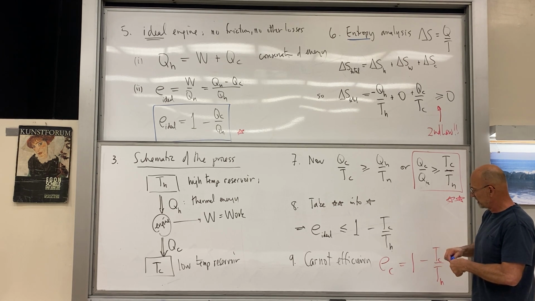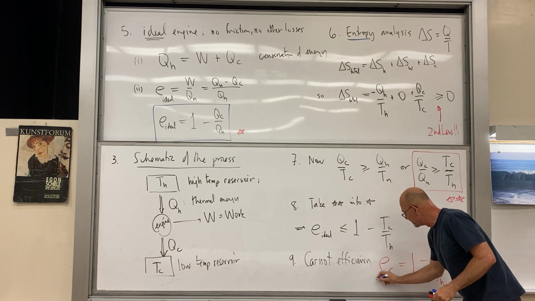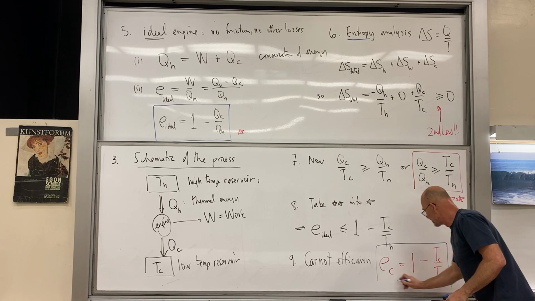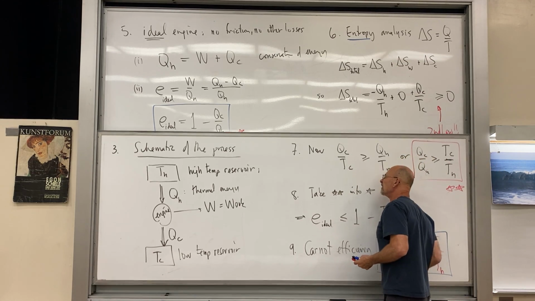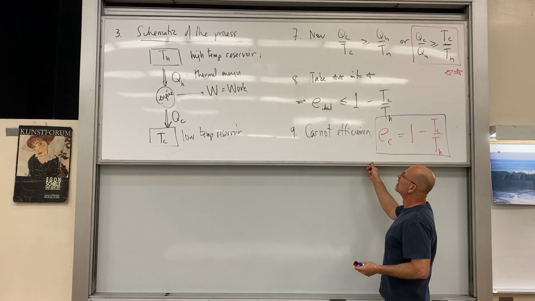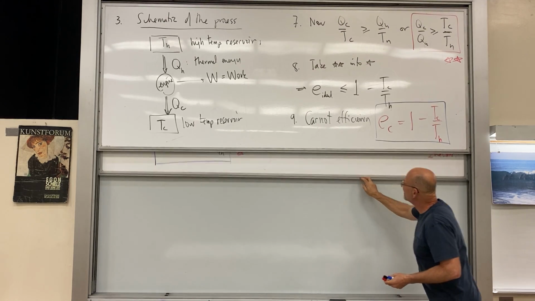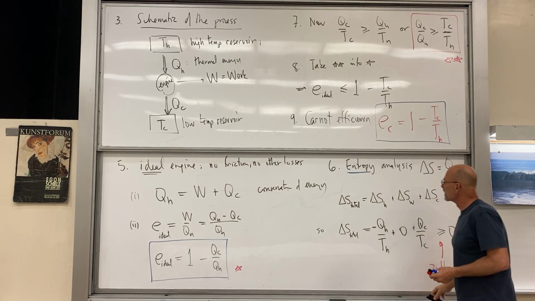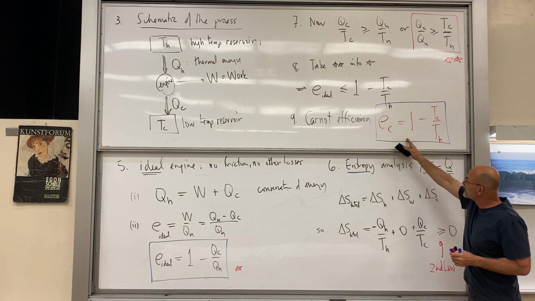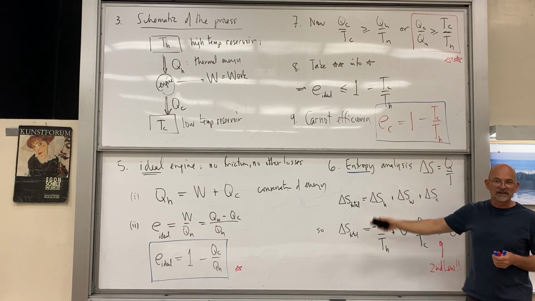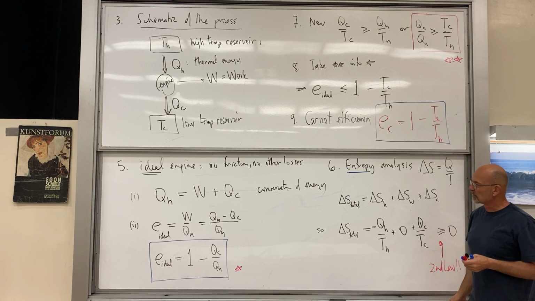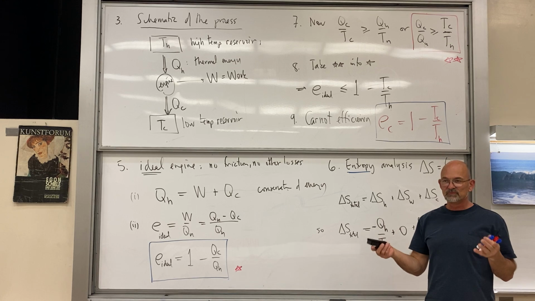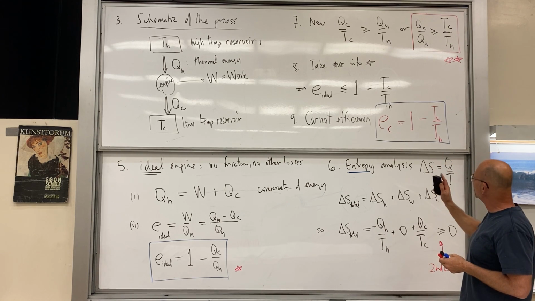We will do a couple of examples now. And I should put a couple of words here. This is the maximum conceivable theoretical efficiency of a heat engine, something that turns random thermal energy into useful work.